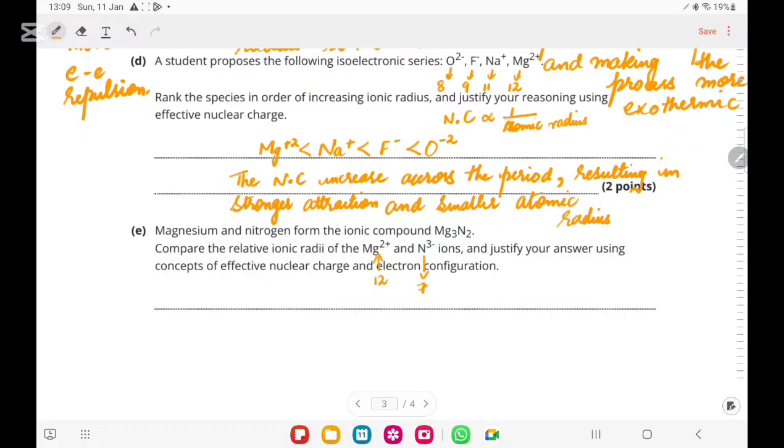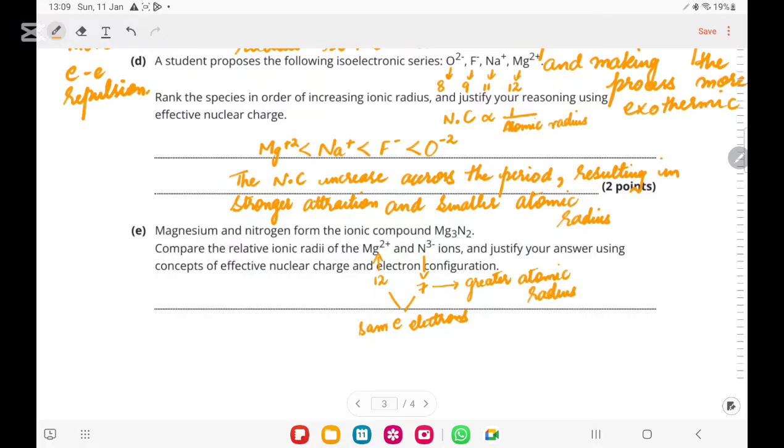Now they both have the same number of electrons, they are isoelectronic, so the one with the lower nuclear charge is going to have the greater radius.